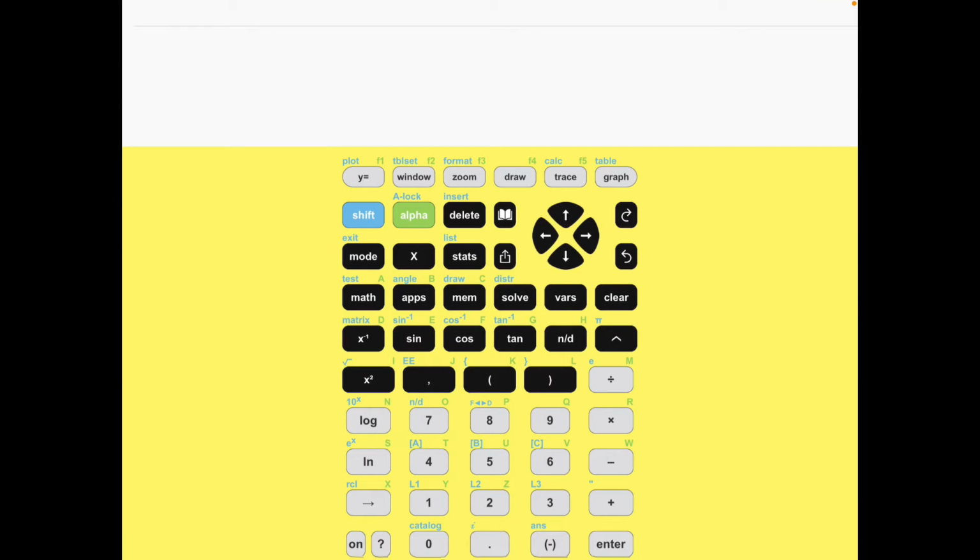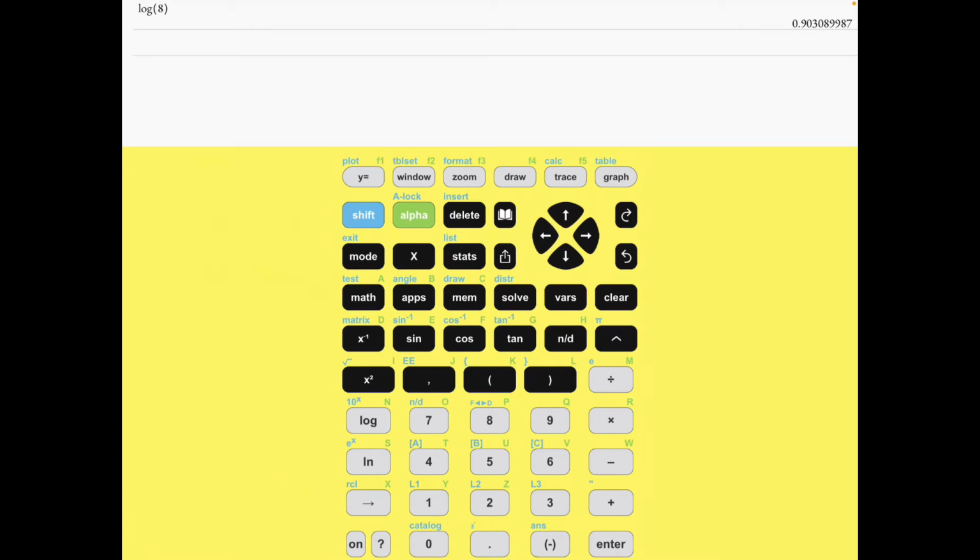Here we are in a calculator emulator. This will look just like your TI-84 calculator that we use in class. I want you to look down the left-hand column, and once you get past all these black buttons, the last one being the x squared, right below that is a log button. In order to evaluate log of 8, we simply tap the log button, fill in 8, and hit enter.